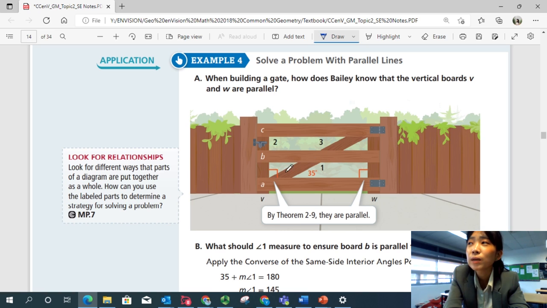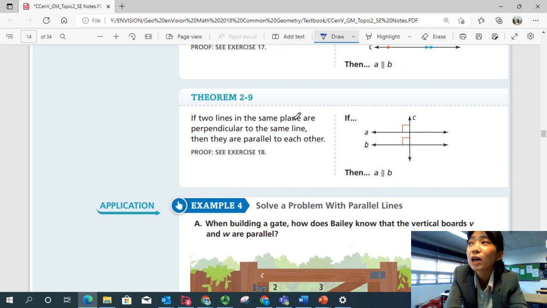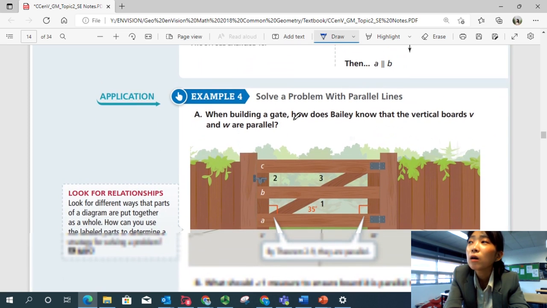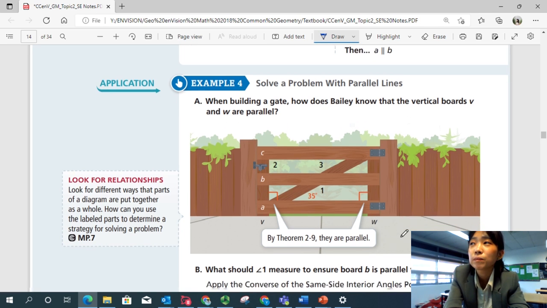We have some given information. Vertical board V is perpendicular to this board A. Vertical board W is perpendicular to the same board A. So using theorem 2-9, we can say, oh, they're perpendicular to the same line, so they must be parallel to each other.